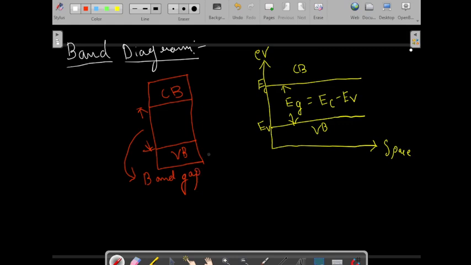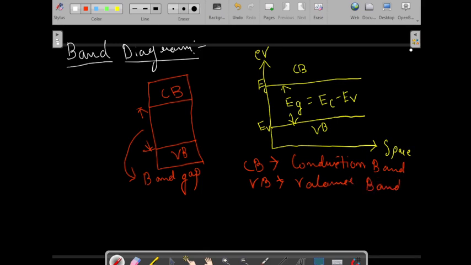Here EC is the conduction band and EV is the valence band. Band means a group of energy levels.